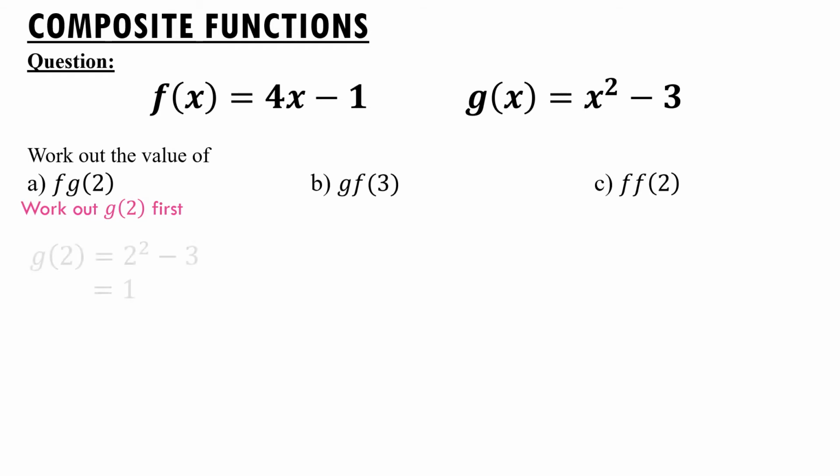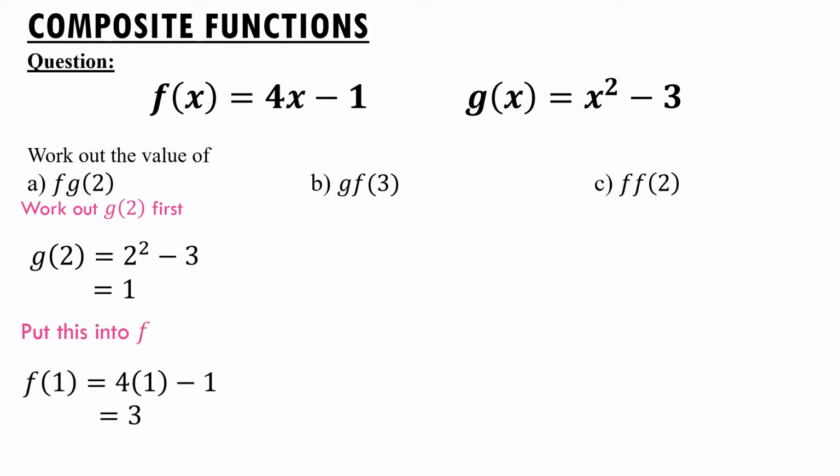So g2 is going to be 2 squared minus 3, and that would be 4 take away 3, which is 1. Remember, I've replaced every x in that function with a 2. Now that answer is going into my f function, so my x value for f is 1. I'm doing 4 times 1, take away 1, which is 3.